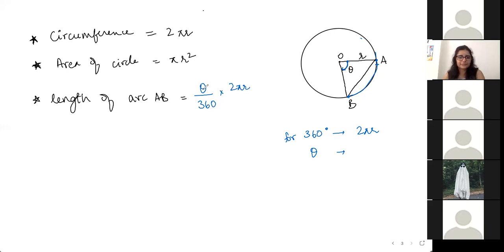If theta was 360, the 360s cancel and you get the complete 2 pi r. If theta is 180, like a semicircle, 180 upon 360 is 1 by 2, so you get half of the circle. For any other angle theta, like 30 degrees or 60 degrees, it will be theta upon 360 into 2 pi r. So that is the length of arc AB.